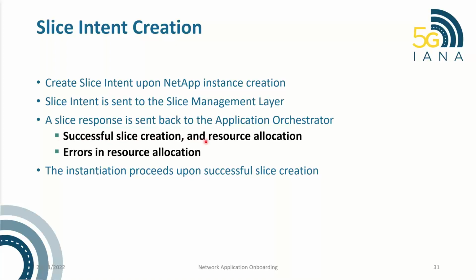So here we have, hopefully, as a result, either the successful creation of the slice, which returns all the allocated resources, all the IPs of the resources, in order for the application orchestrator to do the deployment of application functions directly, or it returns an error.